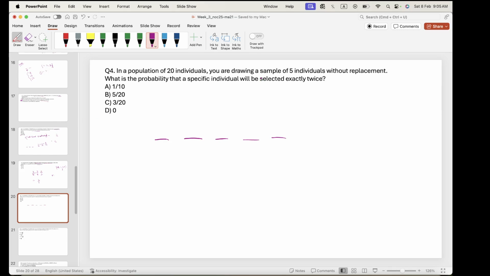If I am drawing a sample of 5 individuals without replacement, what is the probability that a specific individual is selected exactly twice? It's actually 0. Why? Because I am doing it without replacement. So very, very simple.